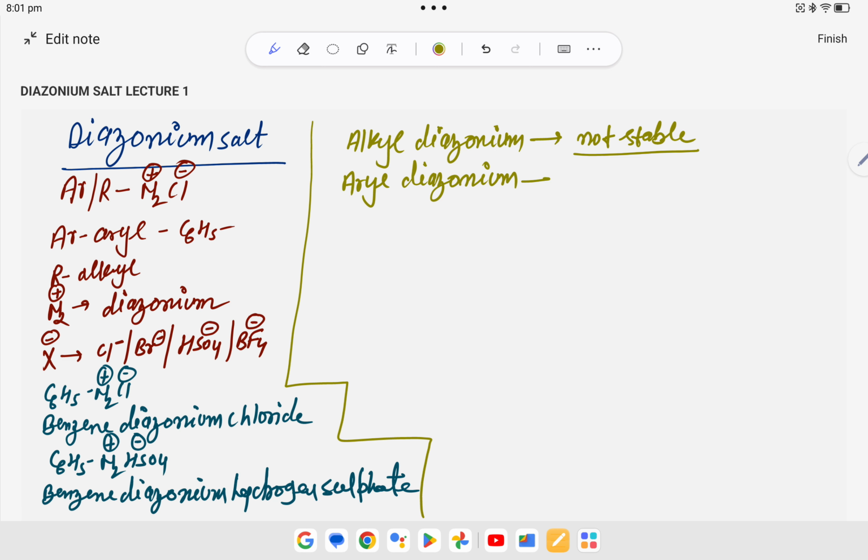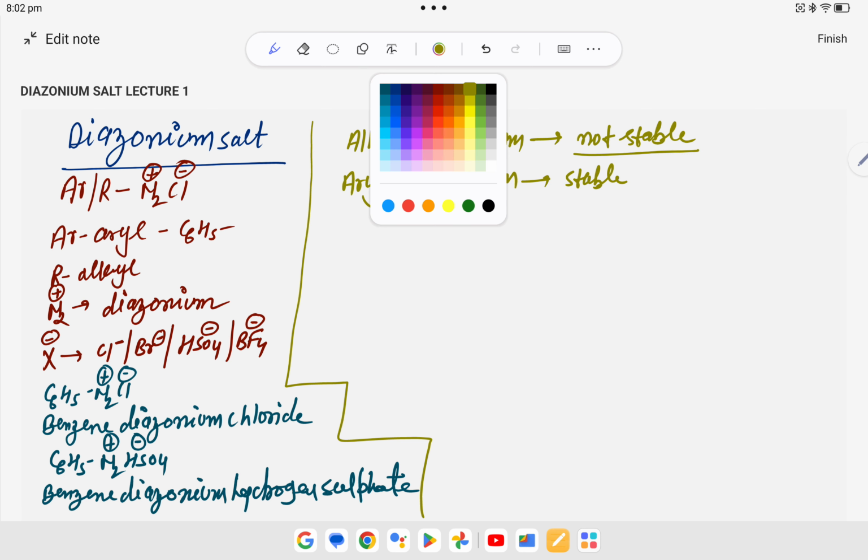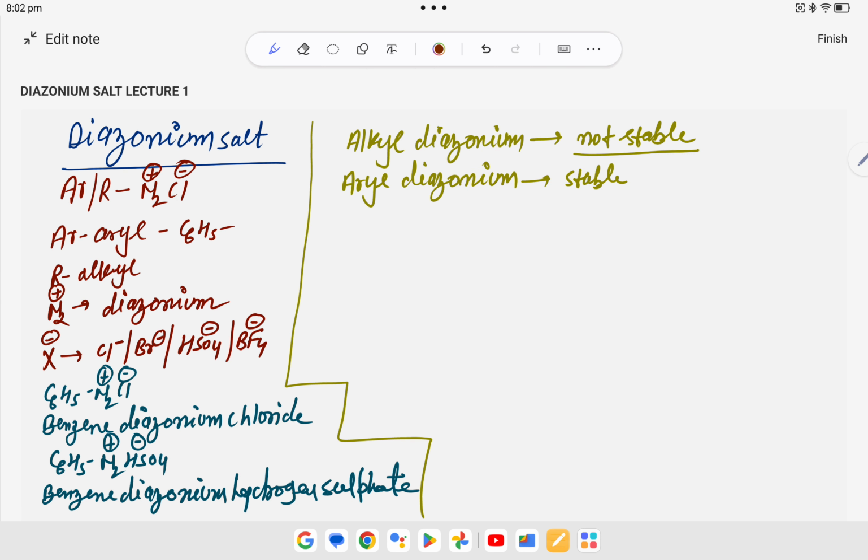Aryl diazoniums are stable, but there is one condition. For some time they are stable, due to resonance, at low temperature.